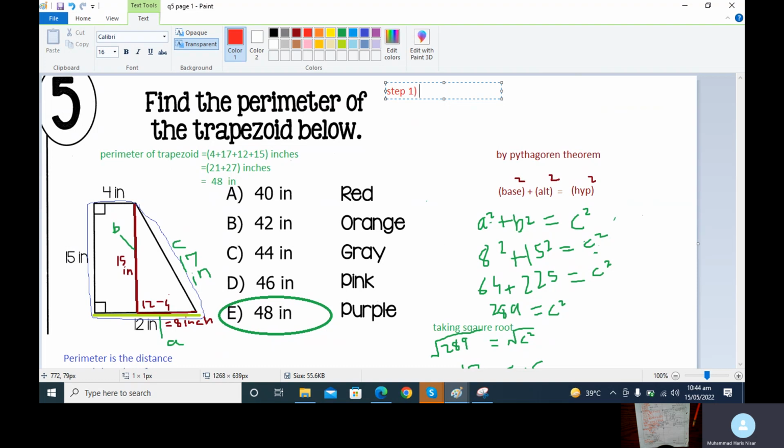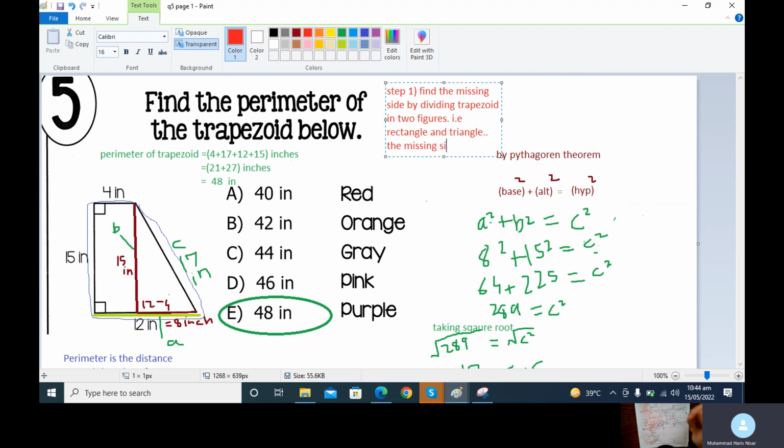Perimeter is: find the missing side by dividing the trapezoid into figures, that is rectangle and triangle.